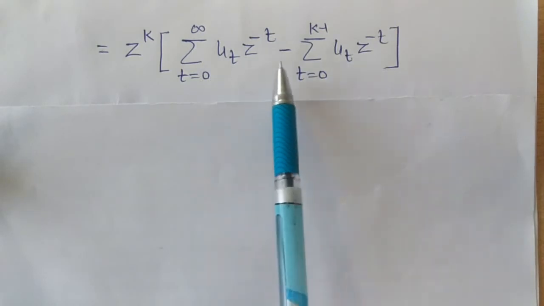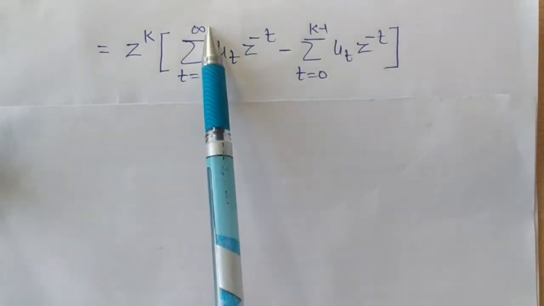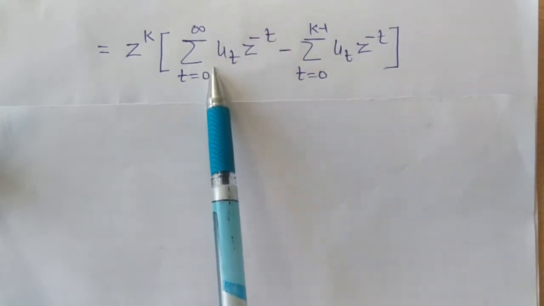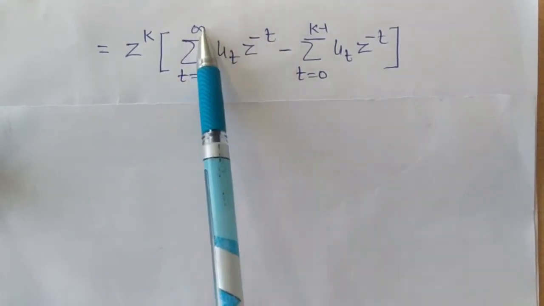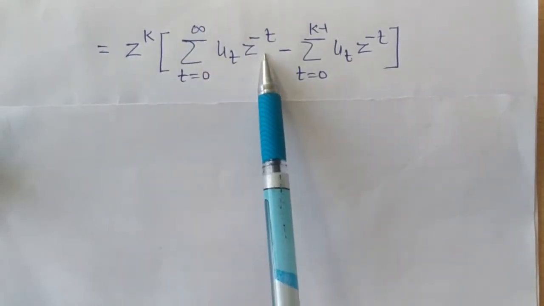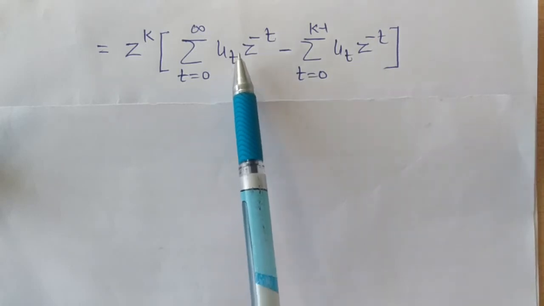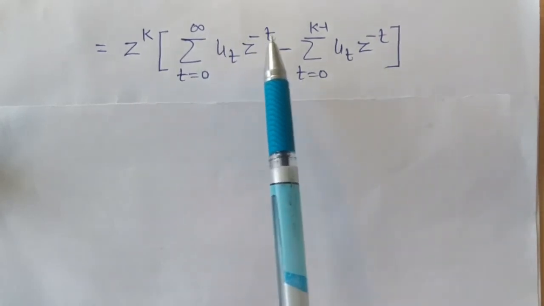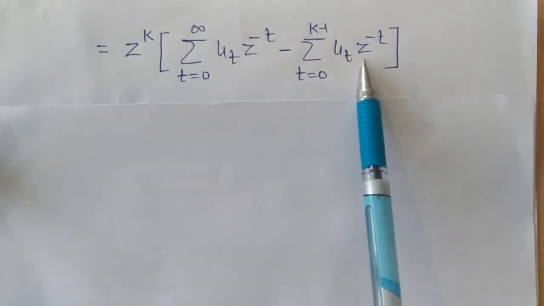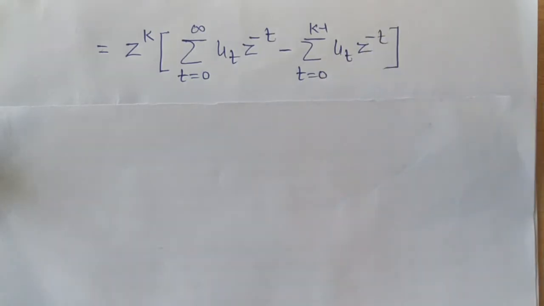Now this expression is of the form summation n equal to 0 to infinite u_n z^(-n). So this is the z transform of u_n, which is u bar z. So in place of this summation we write u bar z, and we expand the other summation by putting value of t equal to 0, 1, 2 and so on.